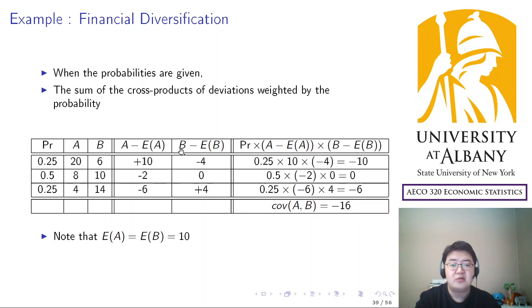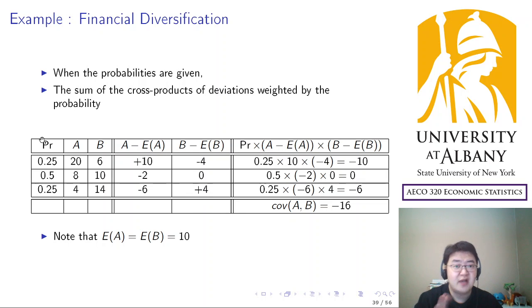Also, the deviation for B is 6 minus 10, 10 minus 10, 14 minus 10. Right? You subtract the mean, and then you multiply them. And if you did not have the probability, after the multiplication, we would sum the products and divide by n minus 1.